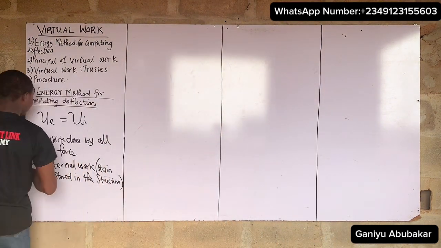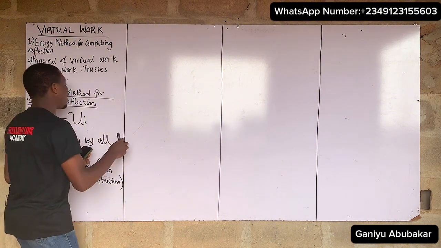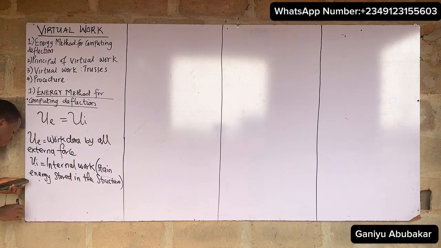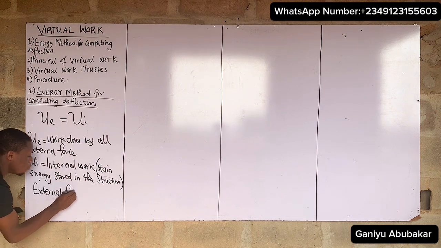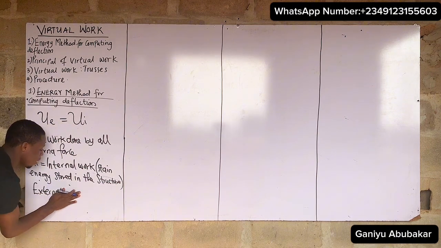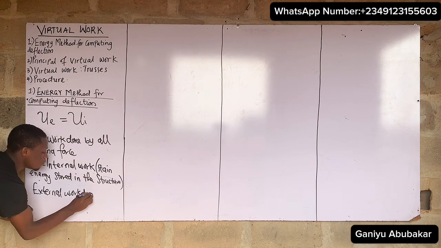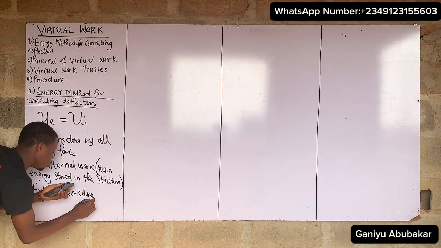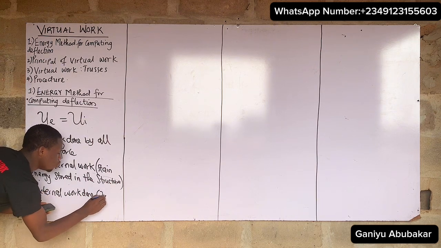Basically, let's start with the first one, called work done by all external forces, UE. Let's consider external forces, external work done, UE per se.